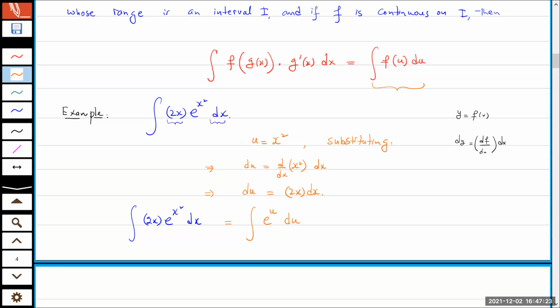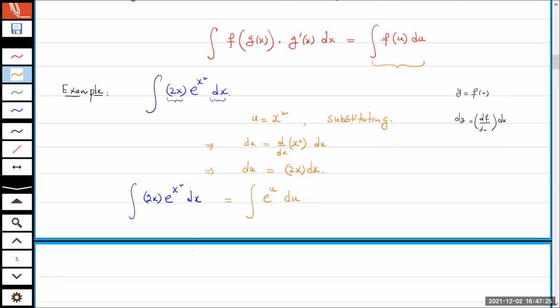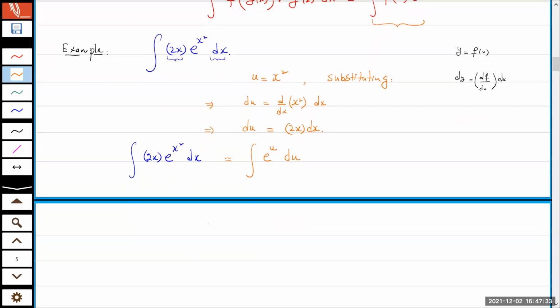The question at this stage is, what is the function whose derivative is e to the u with respect to u? That's the key here, that we have reduced to a function of u now. And we know the function has to be e to the u itself. This equals, from antiderivatives, e to the u plus the constant of integration. Now we are doing indefinite integrals. We must put plus c at the end.